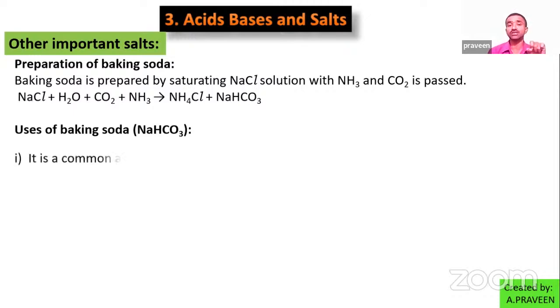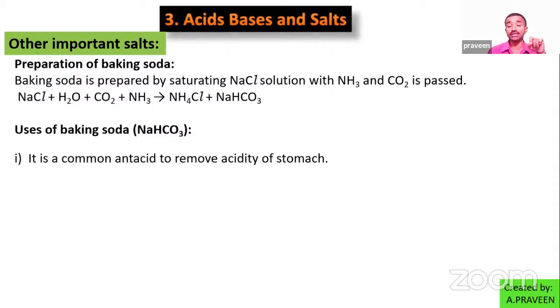We can consume it to prevent a burning sensation or stomach pain. Antacid means basic in nature. The substance which is basic in nature is called an antacid. So it is used as a common antacid to remove the acidity of the stomach.